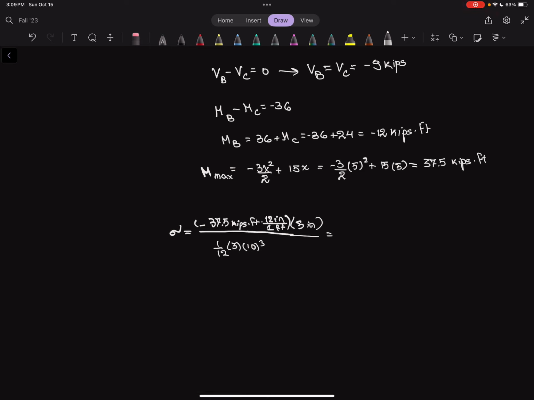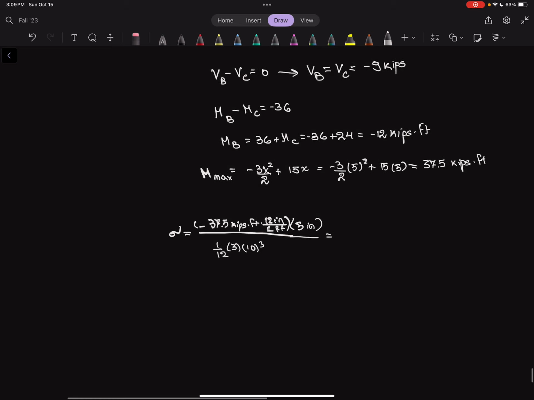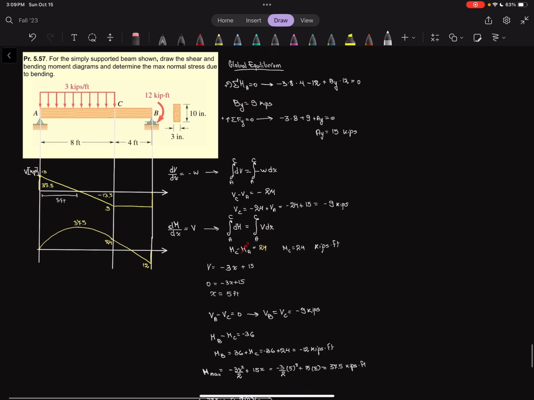And so when we put all that together, minus 37.5 times 12 times 5 divided by 3 over 12, which is the same as 1/4, so 10 to the third divided by 4. We get minus 9 KSI, so that's compression, and that's what they wanted to know.